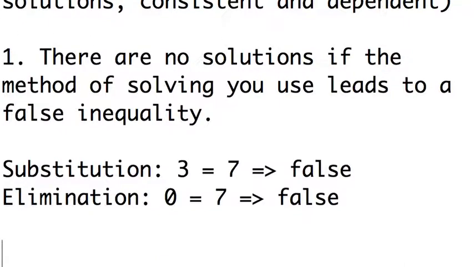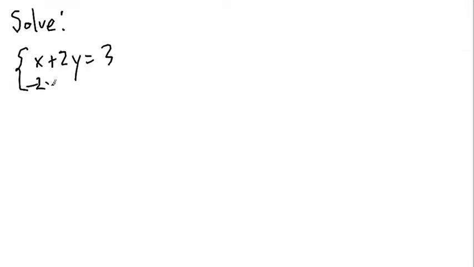Okay, now let's try an example where there are infinitely many solutions. Excuse me, let's try to solve almost the same thing. x plus 2y is equal to 3, but this time let's do negative 2x minus 4y is equal to negative 6, and let's use elimination here.